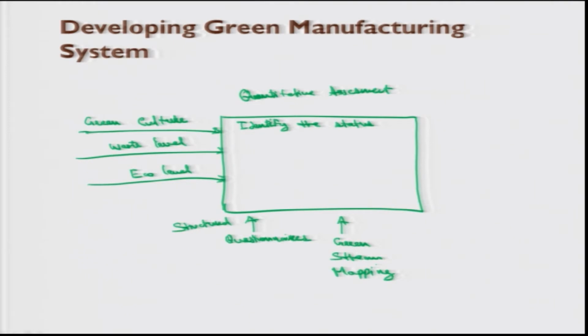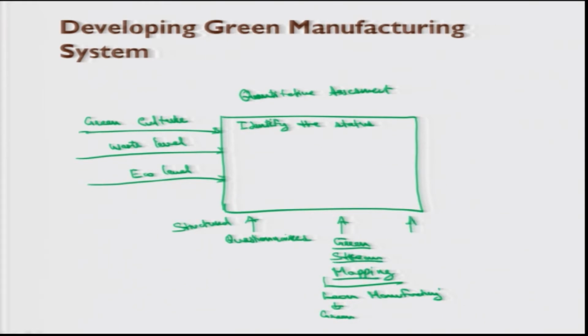And what is value stream mapping? Value stream mapping is a lean management method that is used to analyze the current state and to design a future state for the series of events. It is actually a lean manufacturing tool, and here we are more focused on green. So, the value stream here is green stream mapping.